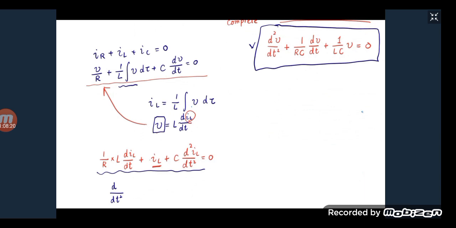So you can take a look at the equation. The second time derivative of IL plus RC plus... let me double check those.